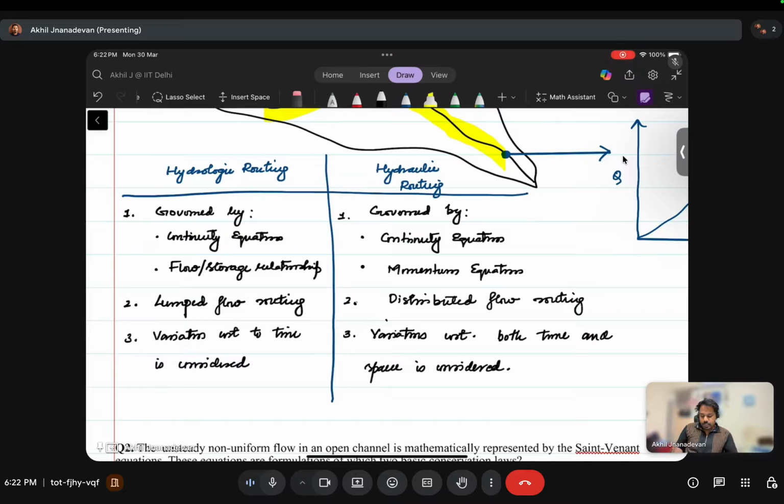So in hydrologic routing, only the variation with respect to time is considered.